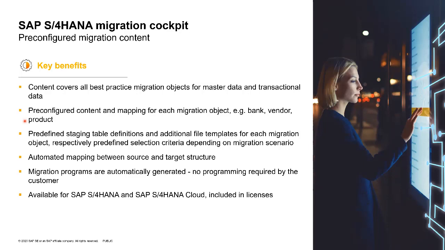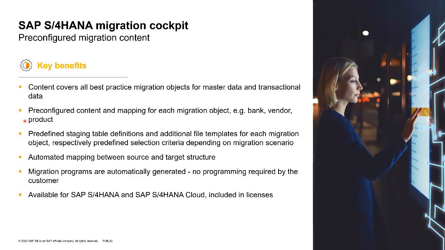In the background, we have predefined structures to handle this data. We have staging tables in place, which will be created automatically. We provide file templates where the business user can put in the data which are in scope locally, so that they do not have to use the migration cockpit itself.